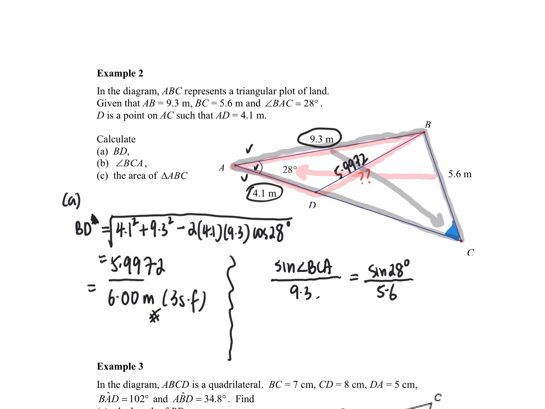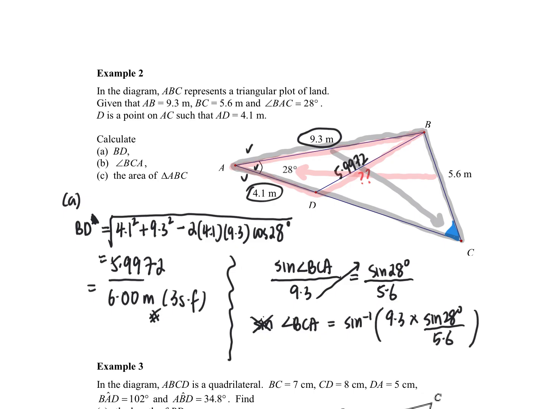So I cross multiply the 9.3. And then because I want to find the angle, right? There was a sine here. So I don't want to be so hardworking and rewrite again. So I just bring the sine inverse directly and inverse the whole thing.